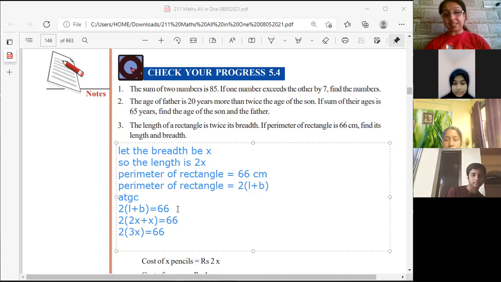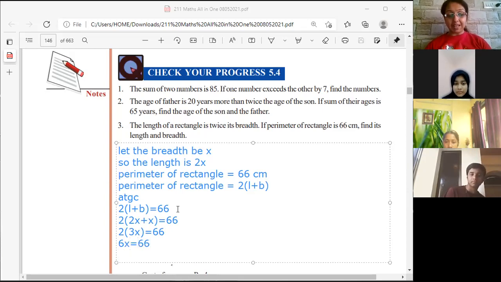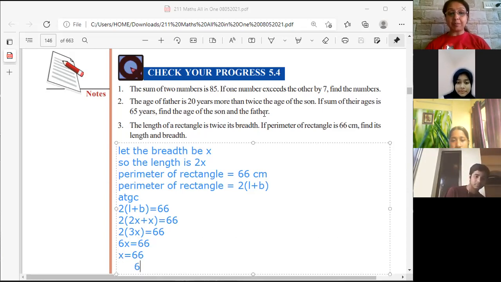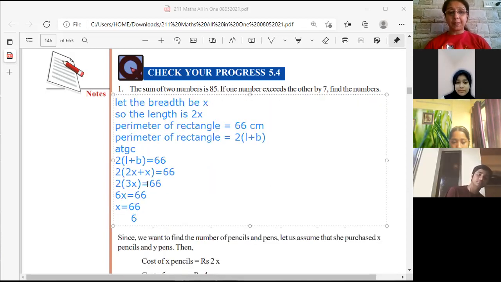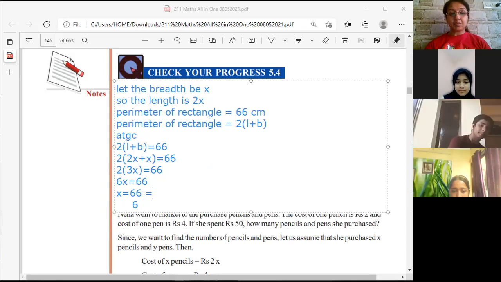Now you can see if I open the bracket, it becomes 6x is equal to 66. Am I right? If I write x on this side, 66 divided by 6 is going to be x. Am I right, beta? Yes, ma'am. So I'm going to get 11 centimeters as x. What was x?